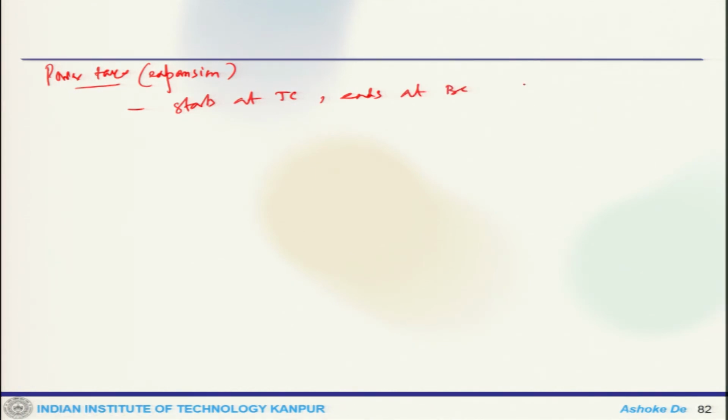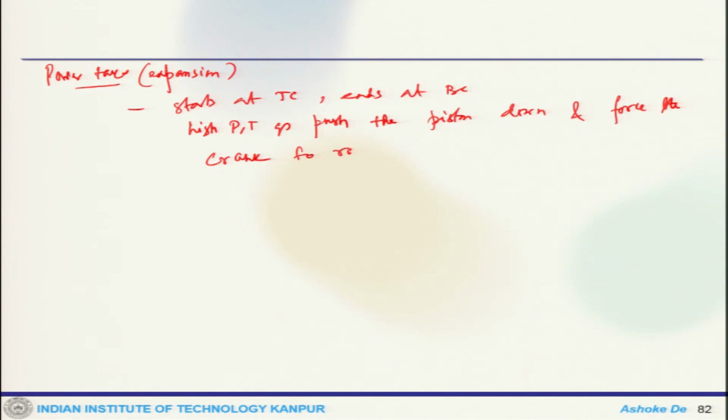Since combustion got initiated inside the cylinder, you have high pressure, high temperature gas which pushes the piston down and forces the crank to rotate. One can think of around 5 times as much work being done on the piston during the power stroke as the piston had to do during compression.